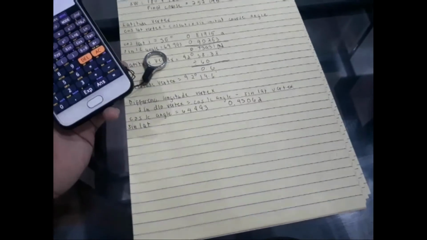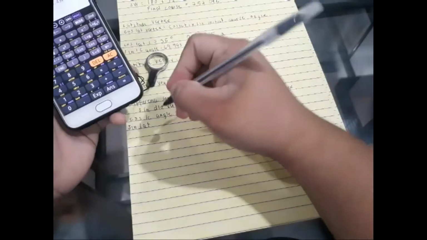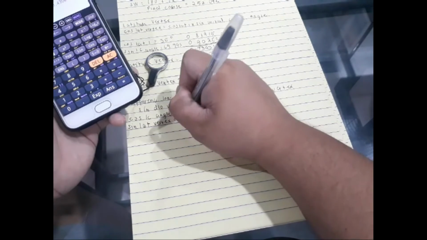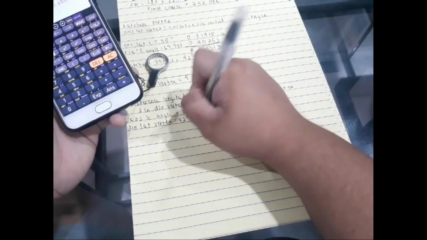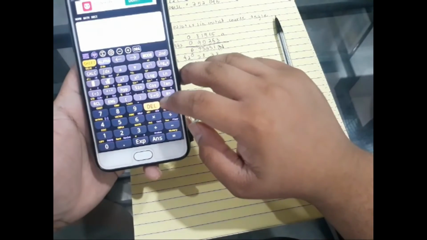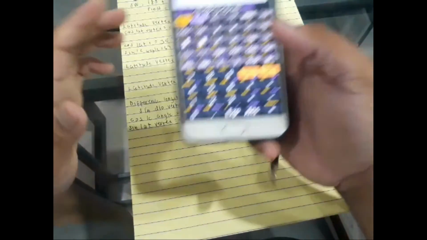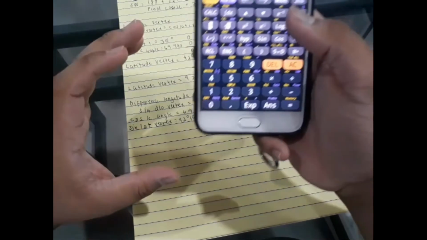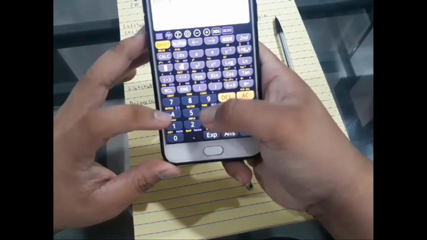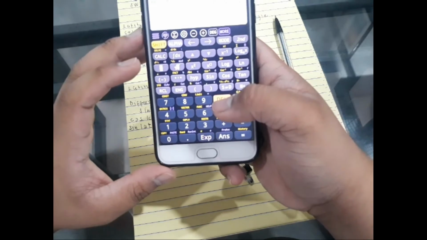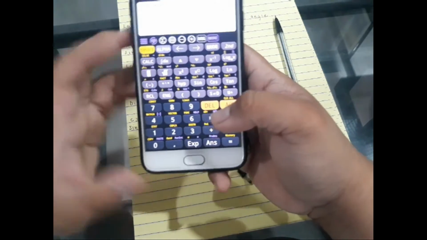there you go, our sin lat vertex is 42 degrees and 19.6. So sin of 42 degrees and 19.6 degrees, there you go.